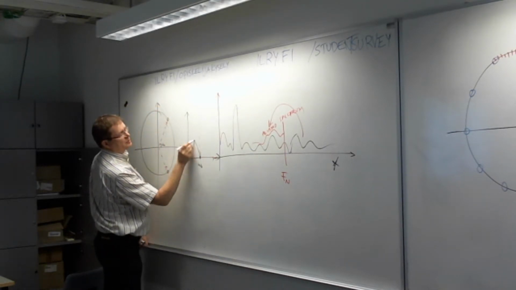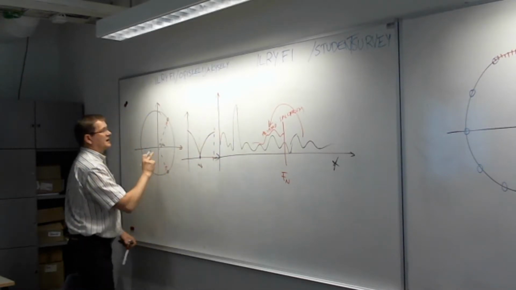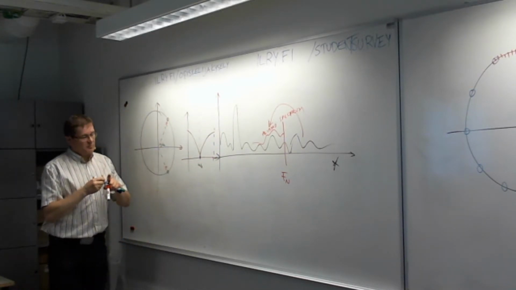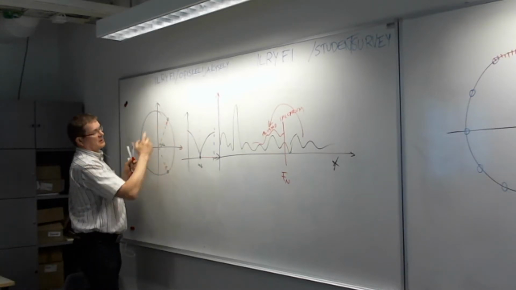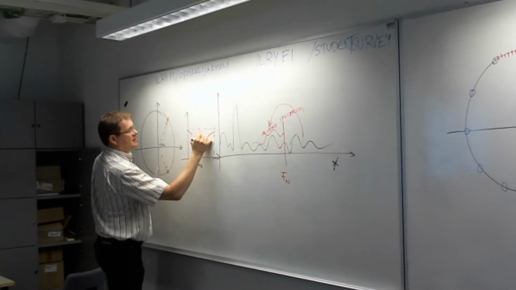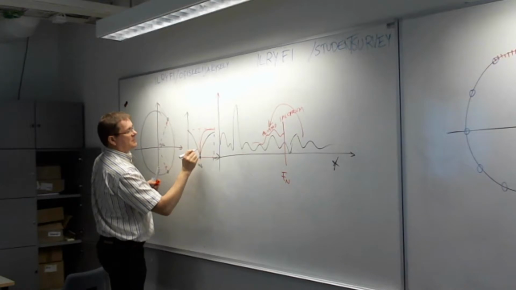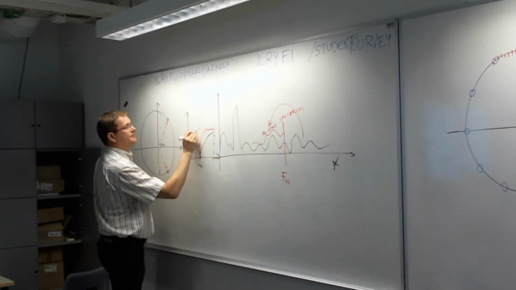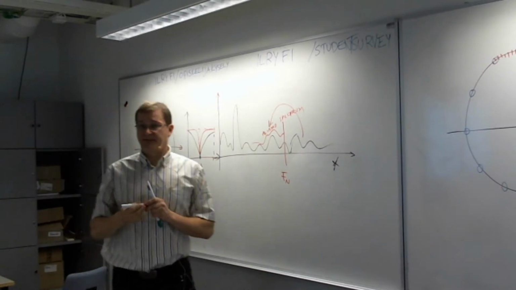So originally the system would be FIR and look like this. But we take the poles from the origin and push them in nearby. Basically what it does, it makes the other part of this amplitude response more or less flat.